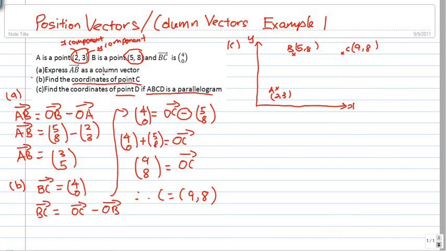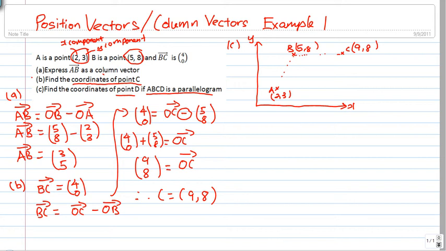So you know that a parallelogram will look somewhat like this, where AB is parallel to DC and BC is parallel to AD. So let's solve this question right now. We know AB, we know BC. We've got to find what point D is.